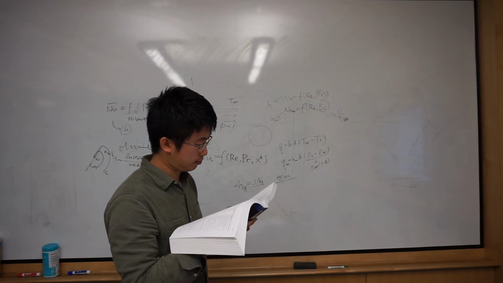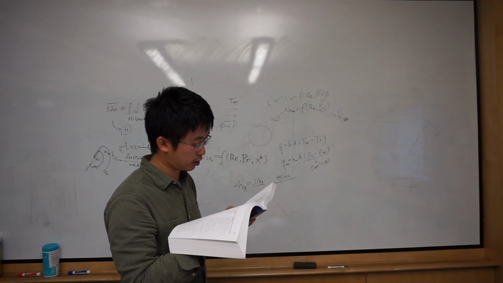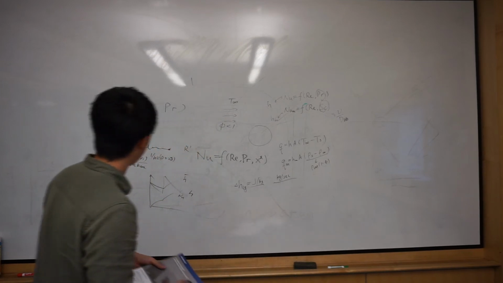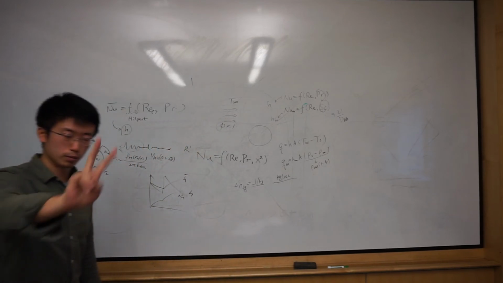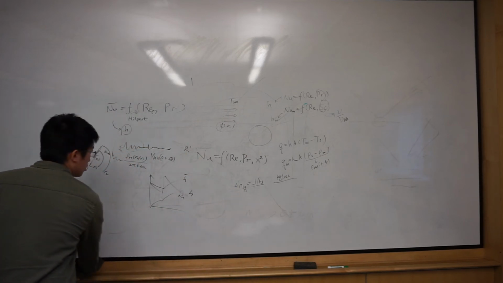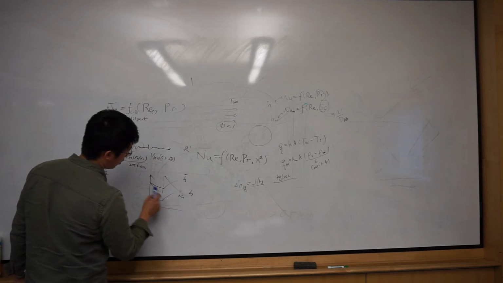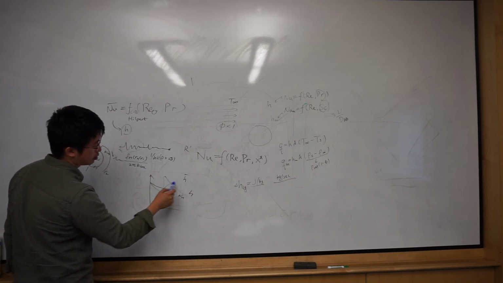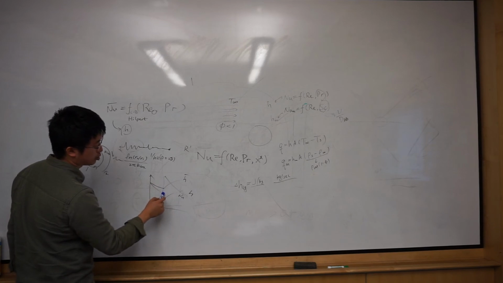And how does the local convection heat and mass transfer coefficient vary with distance? That's what I explained, remember, in problem 2. The local one looks like this. There's a jump at the transition zone.